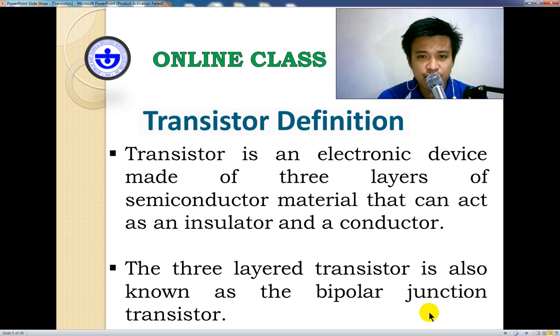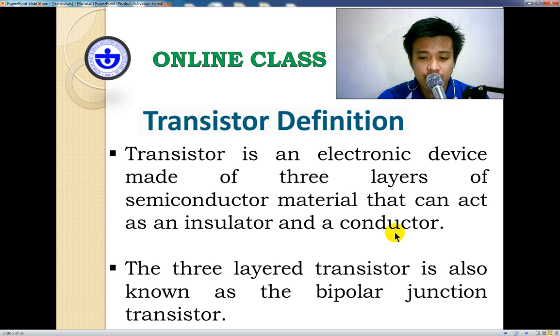Okay, so here we have the definition of a transistor. A transistor is an electronic device made of three layers of semiconductor materials that can act as an insulator and a conductor. So it means the transistor is one of the semiconductor devices that we have in electronics. It is being mentioned here that it is composed of three layers of semiconductor materials that can, this is very important, act as an insulator and a conductor.